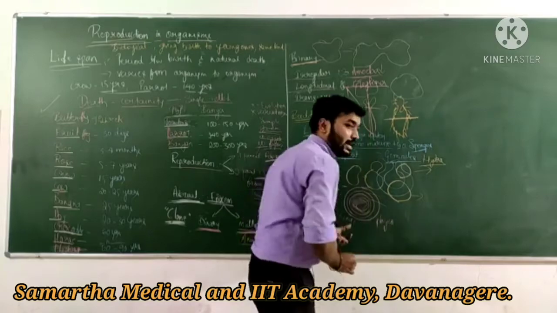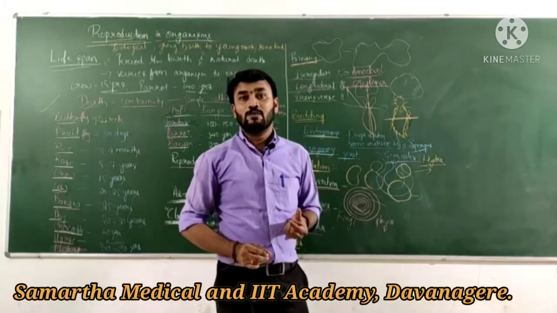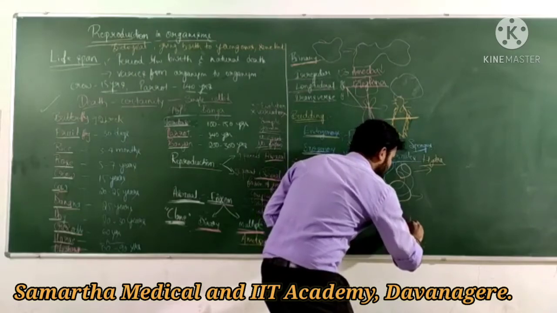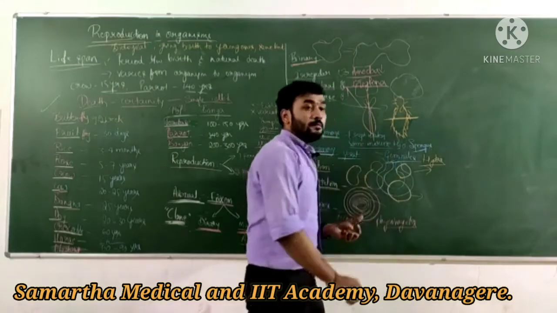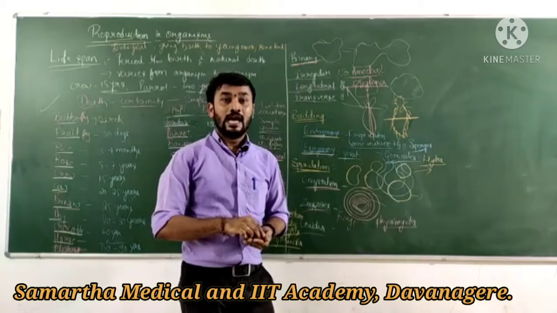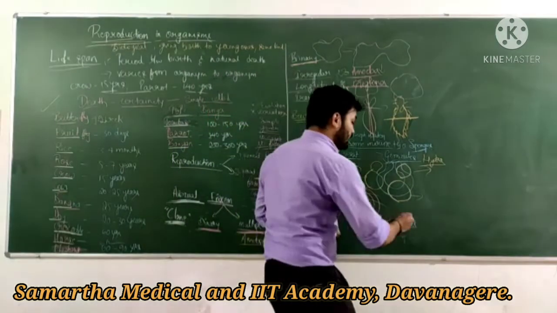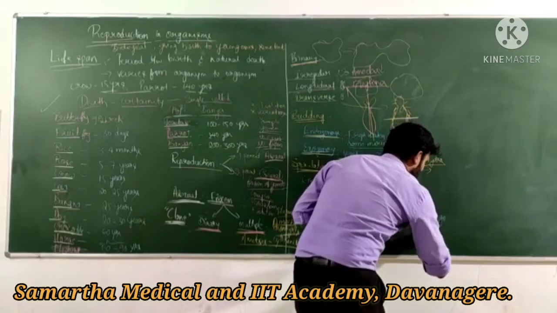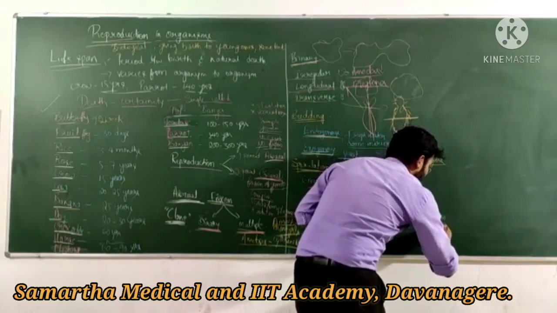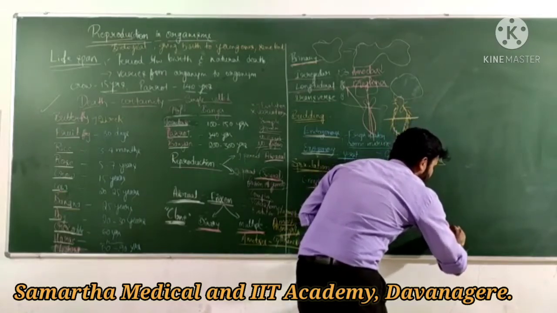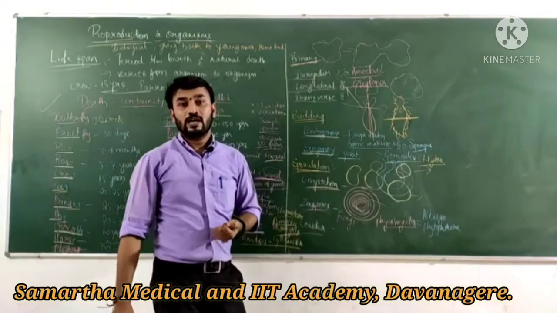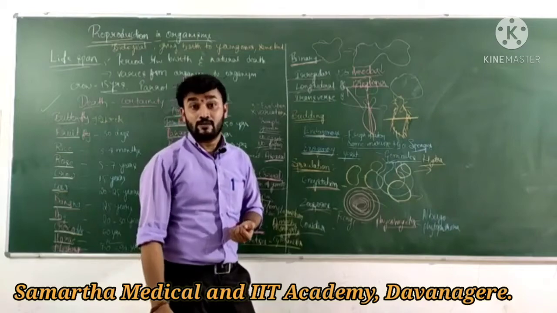Phyco refers to alga, mycetes refers to fungi. So phycomycetes are the fungi which have this. The best examples we can quote here are Albugo along with Phytophthora. You will hear Phytophthora as a name in the strategies chapter and also in the biotechnology chapter. Phytophthora infestans, late blight of potato.